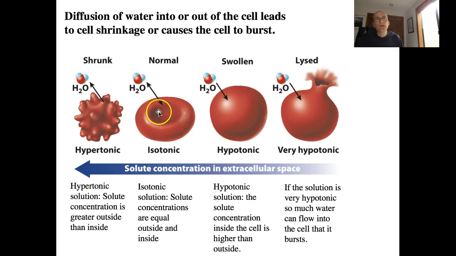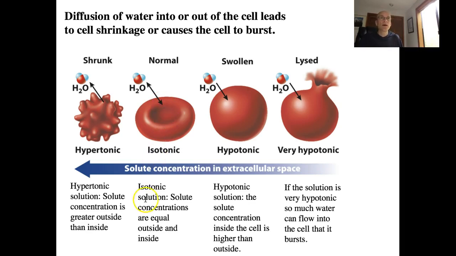In a normal, typical looking cell, if you put that in an isotonic solution, then water will move in and out. There will be no loss or gain of water. And so if you want an isotonic state between a cell and its blood, for example, blood cells inside the blood, then you want to be sure that the blood is not too high in salts and not too low in salts.